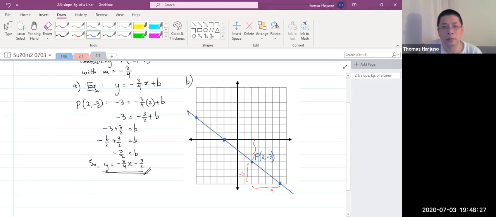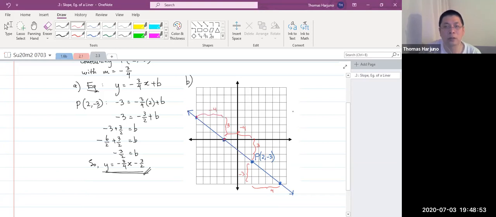Okay, so approximately the line is this. That's the line containing P with slope -3/4. So down 3, run 4, or up 3, back up 4. Now I did that again here, up 3, back up 4.